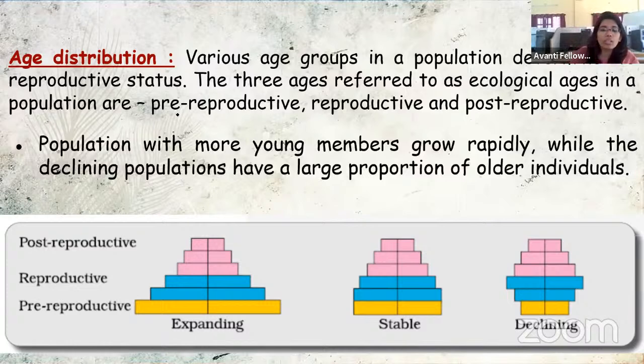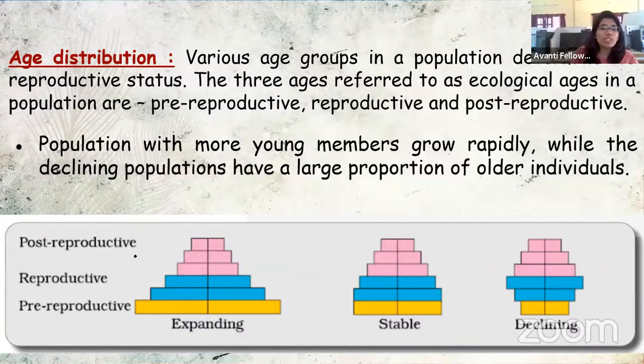So based on this, if you observe the graphs or pyramids, and in any country the pre-reproductive number is more compared to the reproductive and post-reproductive, then the population will increase drastically in the coming generations.